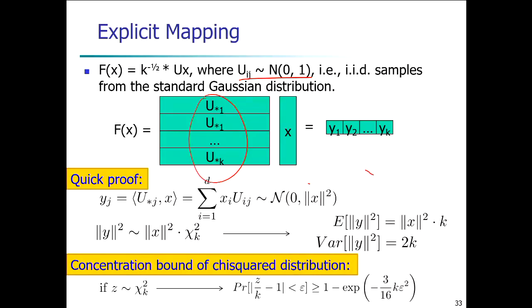It's actually Gaussian. If you construct a linear mapping where every component of the projection vector is drawn from the standard Gaussian, a normal distribution with mean 0 and standard deviation 1, then with high probability this projection preserves a lot of important characteristics of the original space.